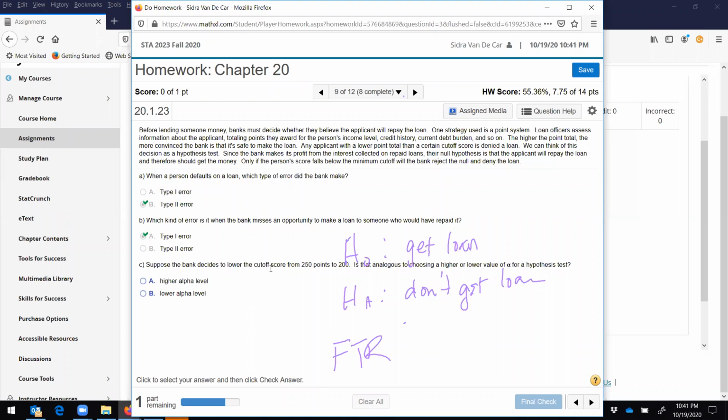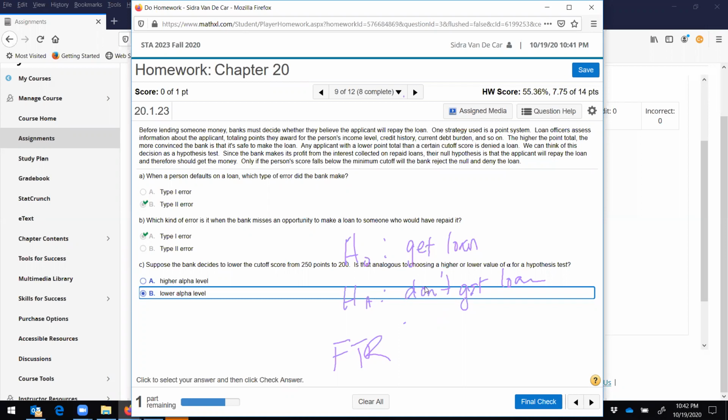Suppose the bank decides to lower the cutoff score from 250 points to 200. Okay, that would be equivalent to choosing a lower value of alpha. You're making a more stringent criteria. Wait a second, hold on, no. Our null is that they are given the loan. The alternative would be that we don't give them the loan.